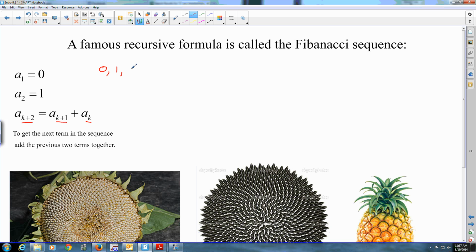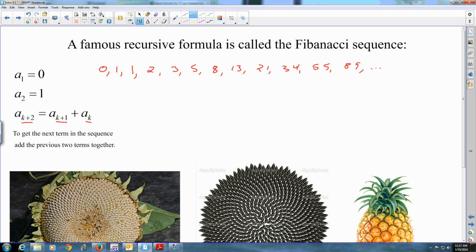Take the previous 2 terms and add them together. 64, 55, 89, and so on.